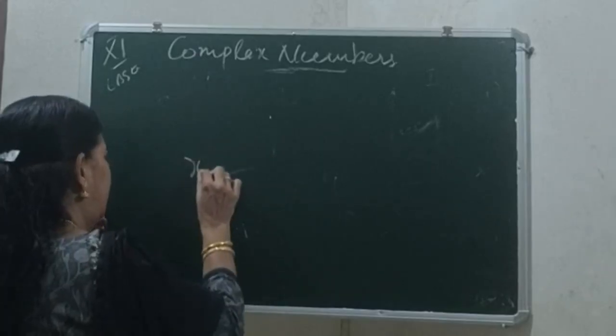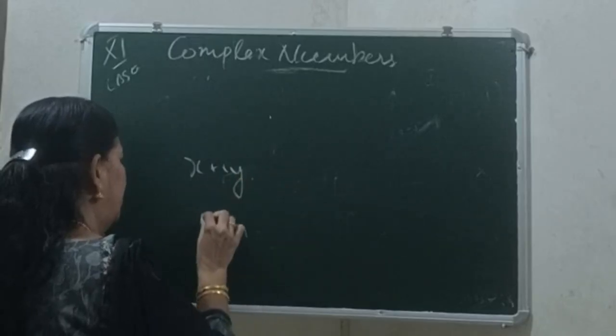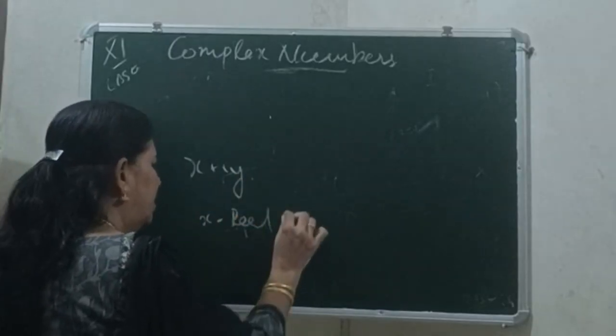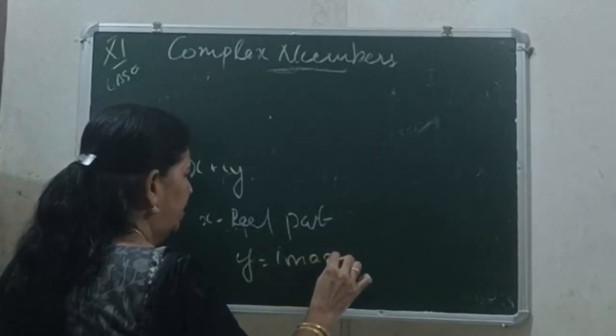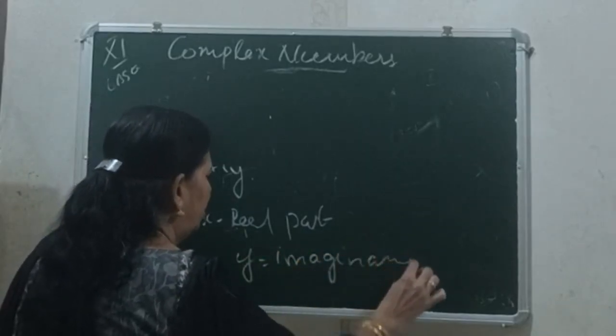Then consider the complex number x plus iy: x is called the real part and y is called the imaginary part, the number that comes along with the i.